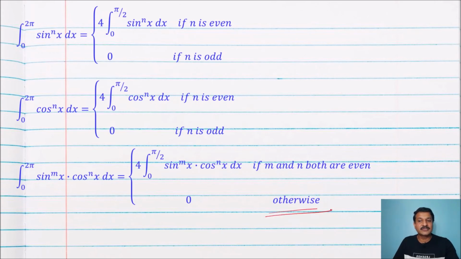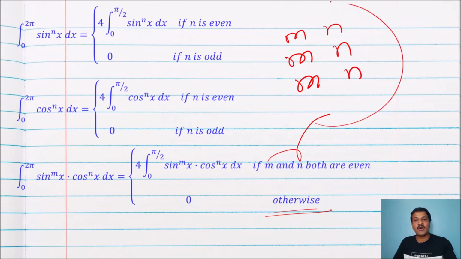Otherwise it is 0. The other 3 cases are: both odd, m odd and n even, m even and n odd. In all the remaining cases it is equal to 0.